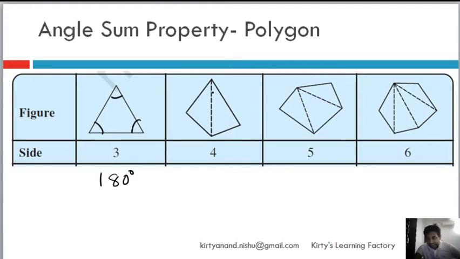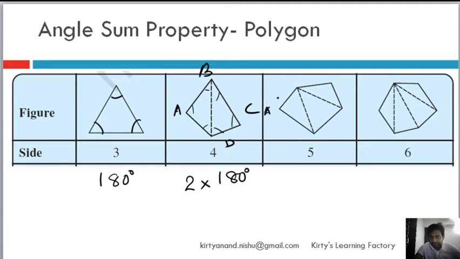Now see, I have a quadrilateral right here, with four sides. Let's name it A, B, C, D. When I draw the line segment BD, I divide it into two triangles. I know that each triangle internally will have 180 degrees, and therefore the total internal angle will be 2 into 180.